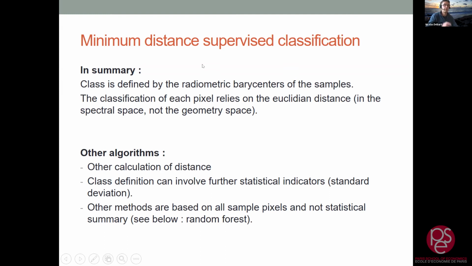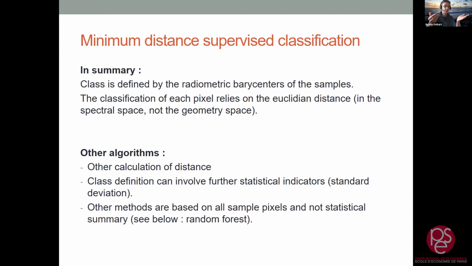So this is probably the most simple supervised classification that exists, and a lot more algorithms exist. For example, other calculations of distance are possible. It means that the classes in this case can be defined still by barycenters, but then the distance between the pixel and each barycenter is different. For example, it's possible to replace the square in the equation by absolute value.